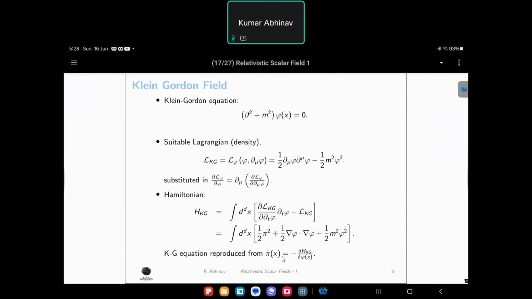From there, using Hamilton's equation, where pi stands for the conjugate momentum of the scalar field, which is the partial derivative of L with respect to the time derivative of phi, if you take one more time derivative, represented by this dot, you can get the Heisenberg equation, and that will just reproduce the Klein-Gordon equation again.